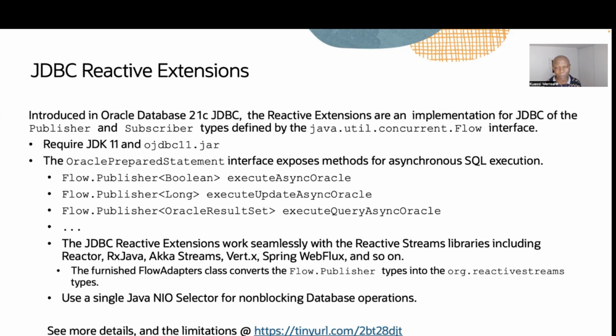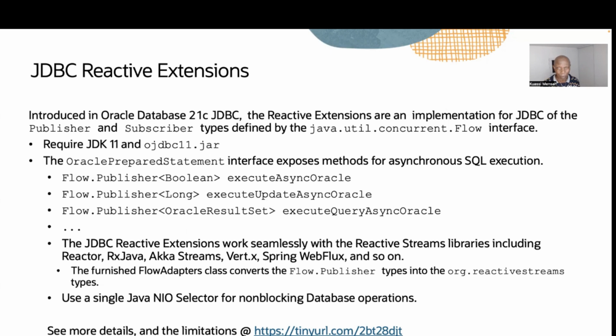Whenever you use execute async oracle, or execute update async oracle, you are using the reactive extension. This is a mechanism where you make a request and it returns immediately. You are not blocked waiting for the database response. When the database response is ready, by a callback mechanism, the client will be notified.